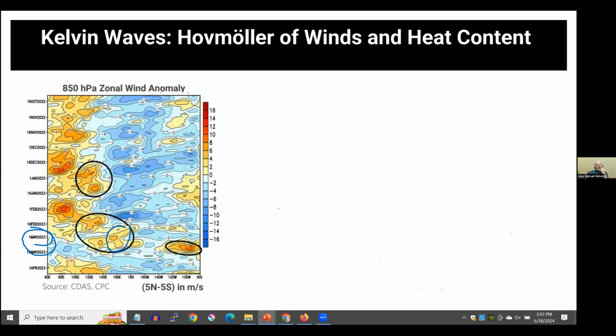Are the surface winds always very similar to the 850 winds? Yes, no, or sometimes? All right, we're getting mostly no's.